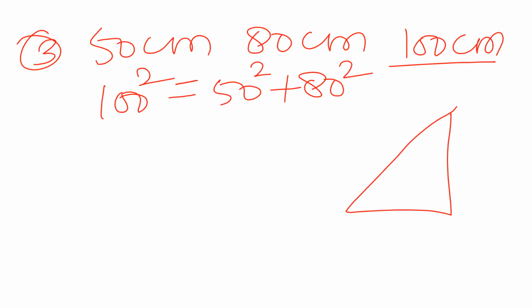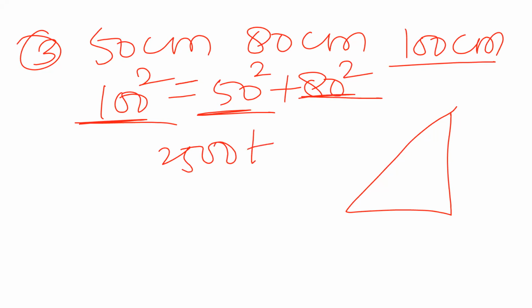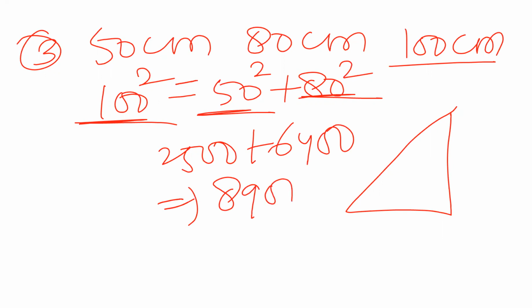Square of hypotenuse is equal to sum of squares of the remaining two sides. So this becomes 2500 and this becomes 6400. This becomes 8900, which is not equal to c square, right? So this one is not a right angle triangle. Clear?